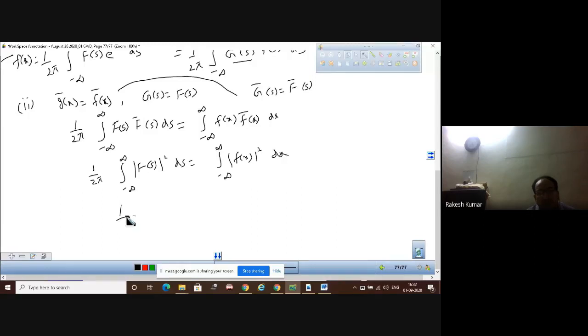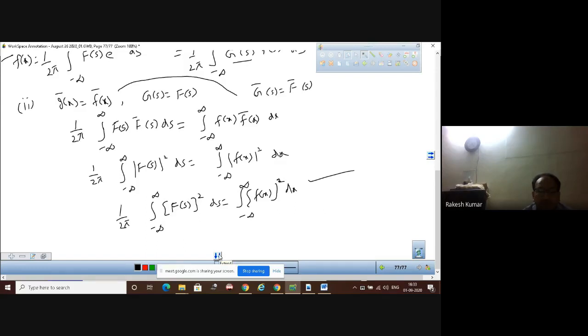So what will come out to be is 1 upon 2 pi, integral from minus infinity to infinity of f of s whole squared ds, equal to the integral from minus infinity to infinity of f of x squared dx. This is the second part of the Parseval identity. This is also very important.